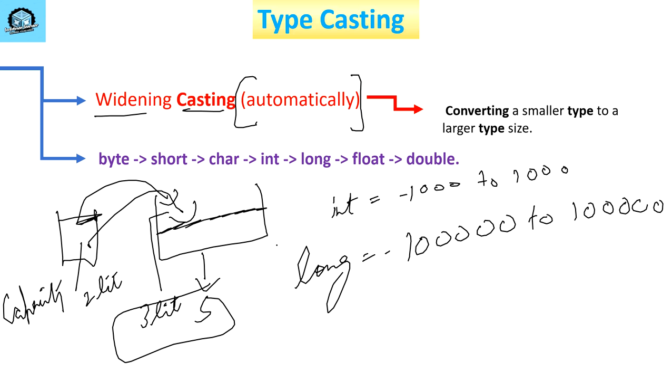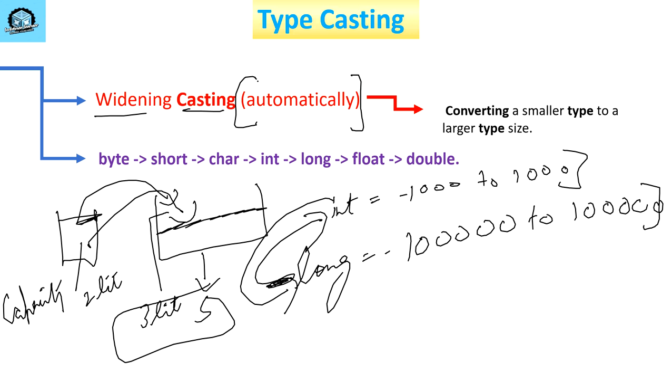When I take a long value into an int, it does not convert automatically because the capacity is different. Int has less capacity than long. When I convert int into long, it converts automatically because the value can fit into the long.